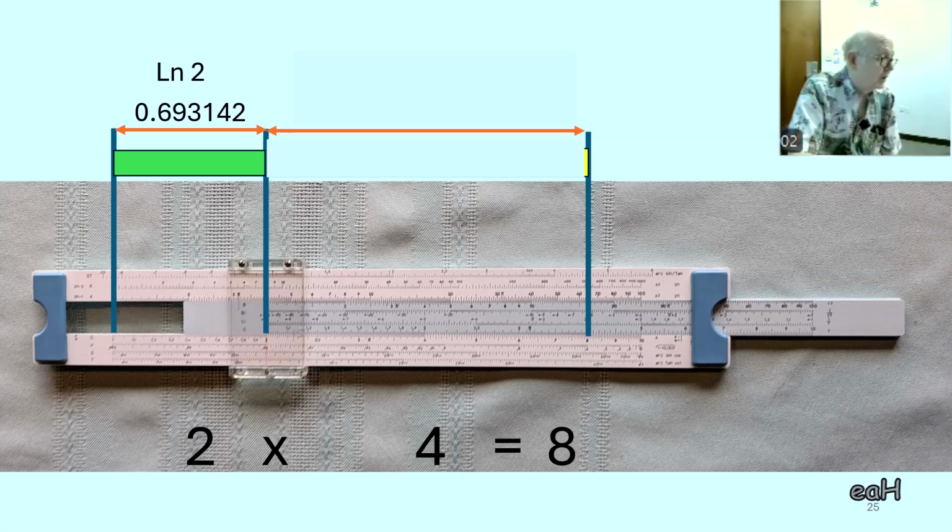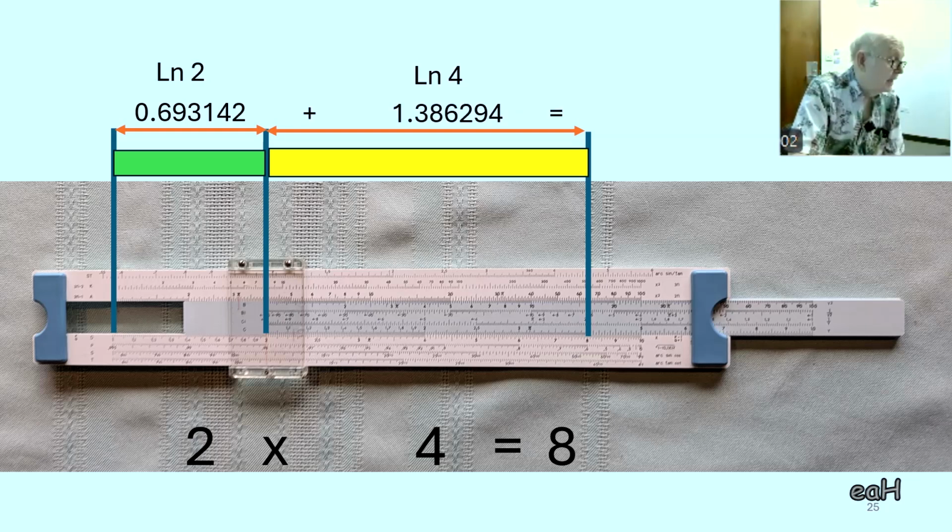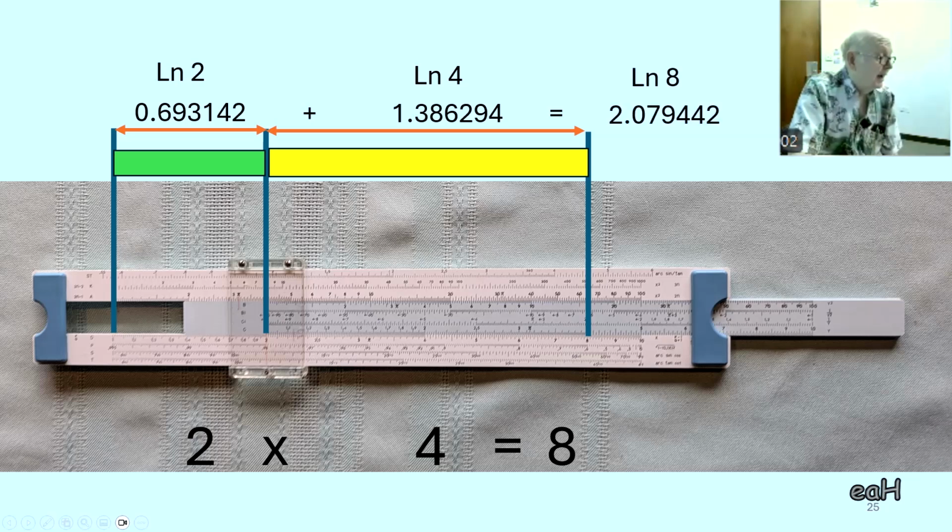So get back to my slide rule and my board lengths. We have my board length is 0.693142. I'm not getting all those numbers right. We add it to the logarithm of 4, 1.38, and that equals the log of 8, 2.07.